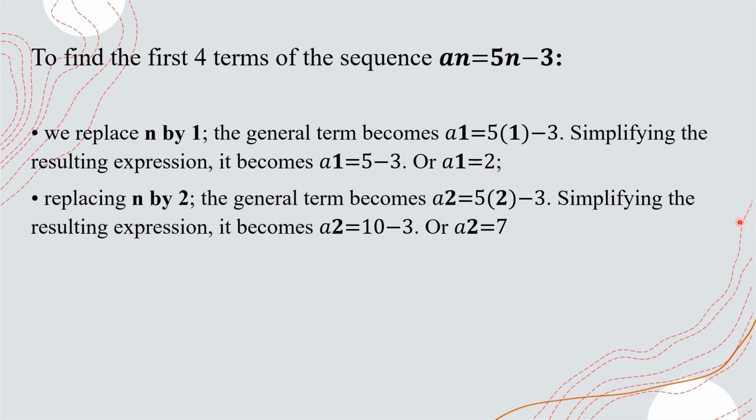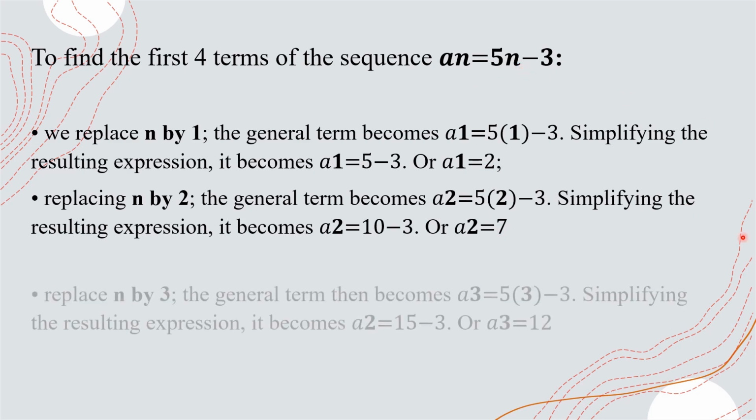For the second term, gagamitin na natin si 2 as the value of n. So the general term becomes now a sub 2 equals 5 times 2 minus 3. So that will give us 10 minus 3. And the answer is 7. So first term, second term. So ganun lang po ang paghahanap ng terms if given na yung ating general term.